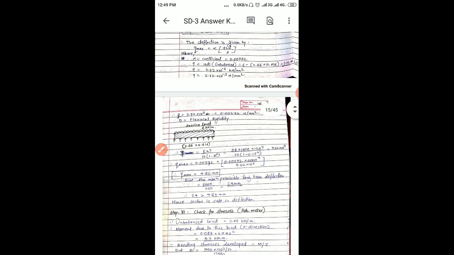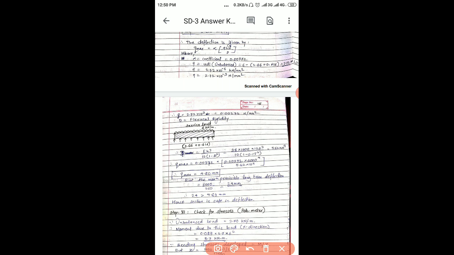So we'll put this value in this equation. Q max is equal to alpha, that is the coefficient, into QLx divided by D. D is the flexural rigidity, 5.62.